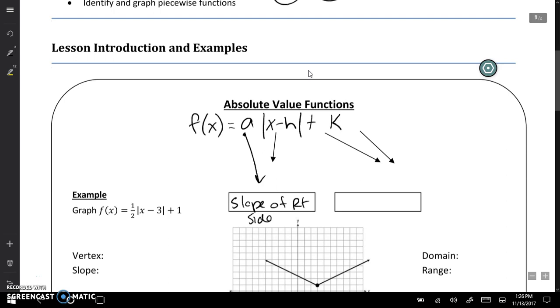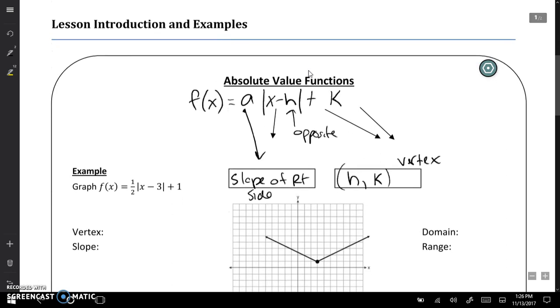The h is the x value of your vertex, and the k is the y value of your vertex. Thing to remember, the h is opposite, kind of just like in point slope form. So we're going to start here at this vertex and then do our slope.